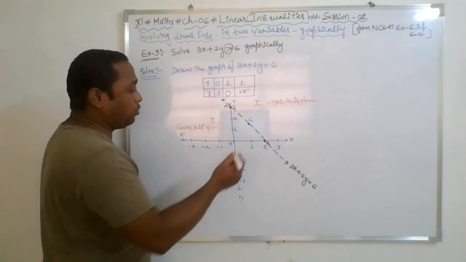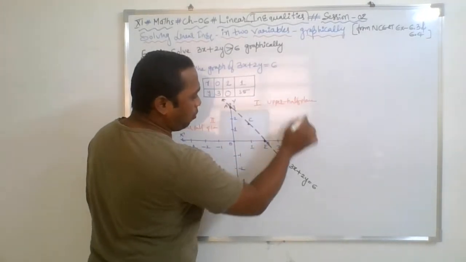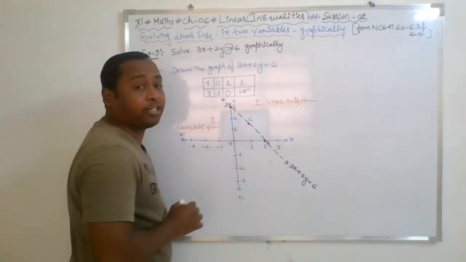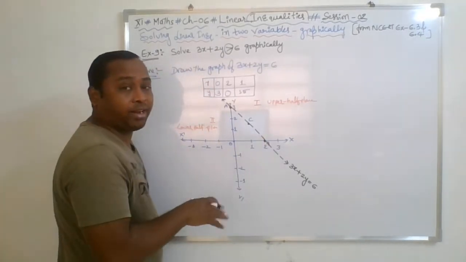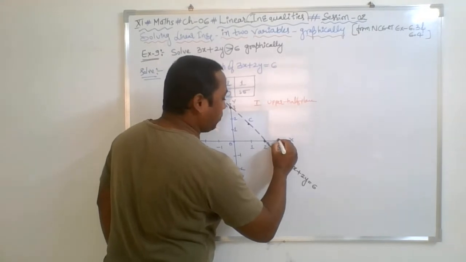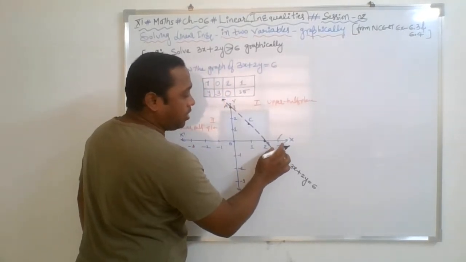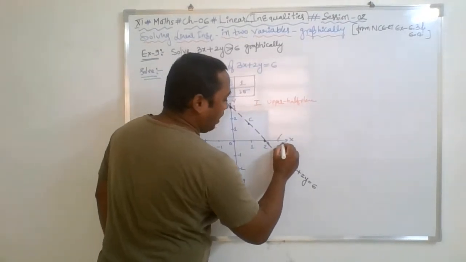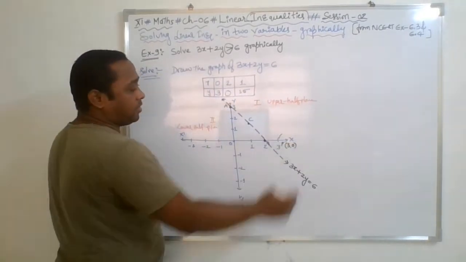So first I need to take any point. You may take any point from the first half plane, but smartly always try to take the point on the axis. It will make your calculations easy. So I am taking the point 3 comma 0. This is the point P, which is 3 comma 0, from the first half plane.